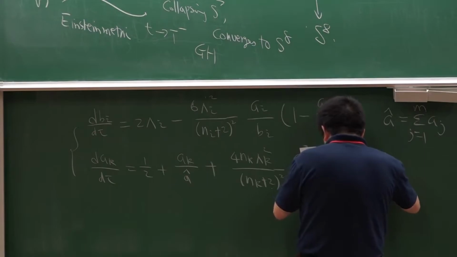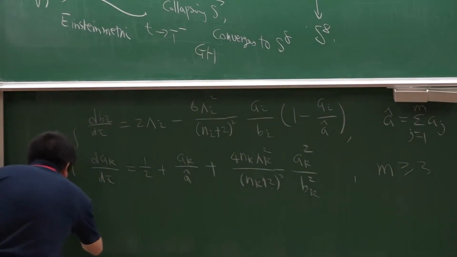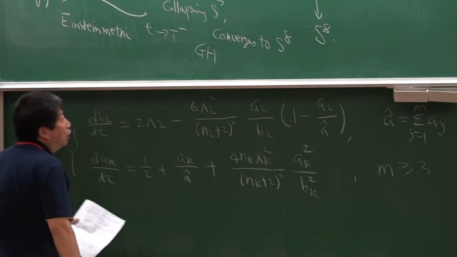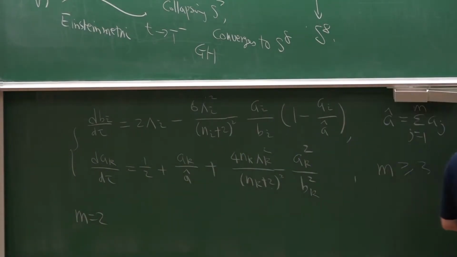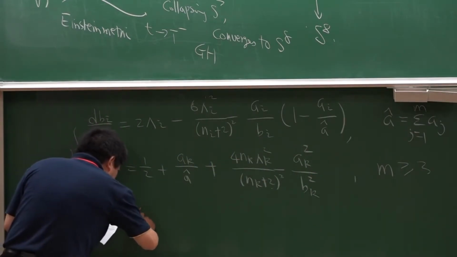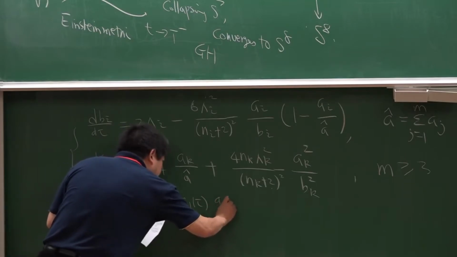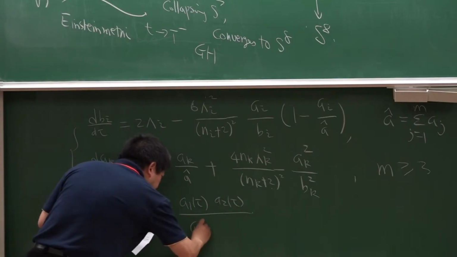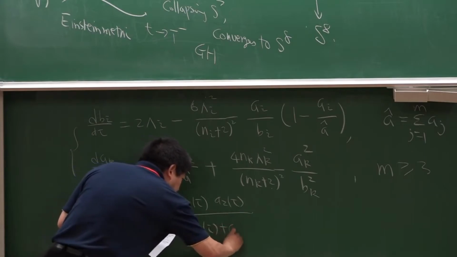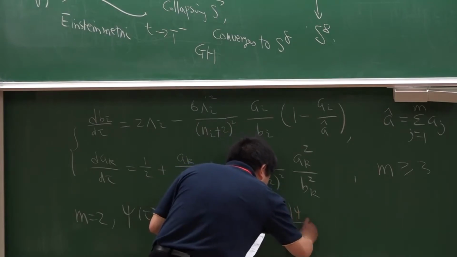This is for m bigger equal to 3, for more than 3 factors. When m equal to 2, you only have 2 factors, since you need a quotient, so you only actually have 1 effective variable. So that's the one we use as the effective variable. Then the equation for this one is given by this.